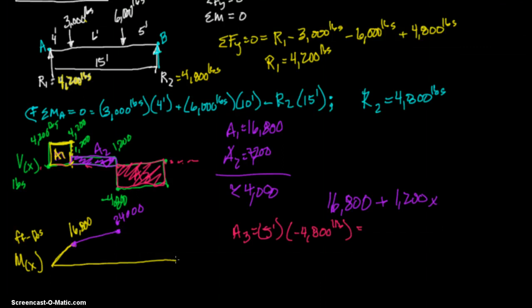So it will go down. From this point you go down and you're back at 0, and that's exactly where you want to be. And remember, from this point, this line is 24,000 minus 4,800x. So you could find the shear at any point along this x, which goes that way.